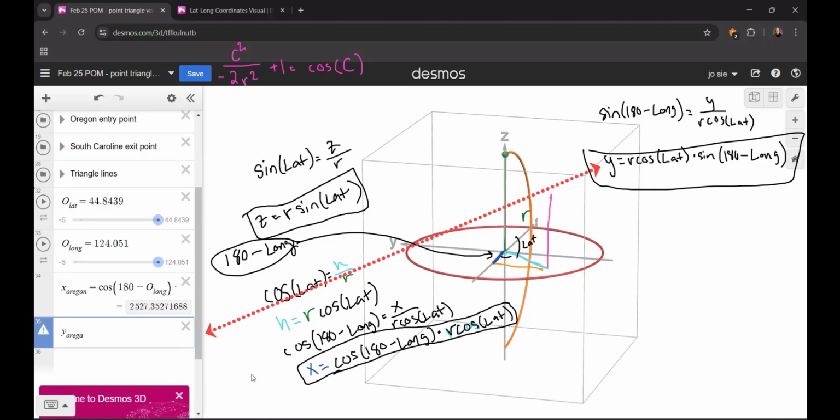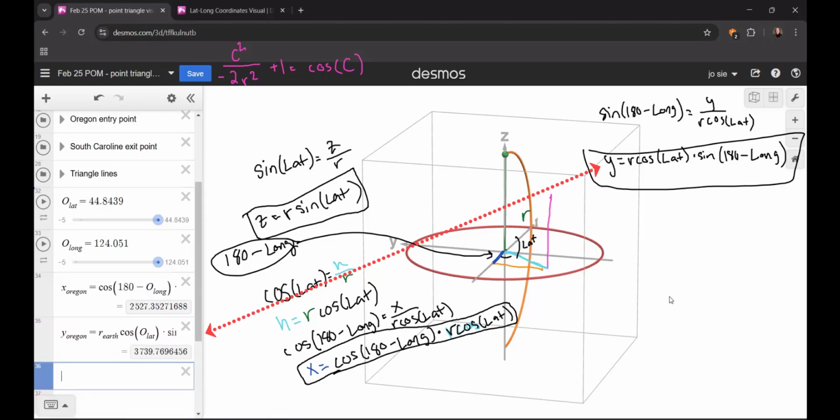We're going to get a y-coordinate for Oregon. We said that y was equal to the radius of the Earth times cosine of Oregon's latitude times sine of 180 minus Oregon's longitude.